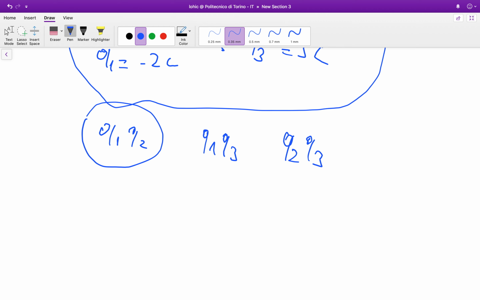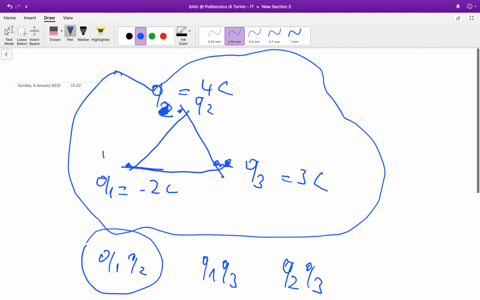If we choose, for example, in this interaction Q1 as the source, the potential energy of this couple will be the potential of Q1 multiplied by Q2. So it will be K Q1 over the distance between the two charges. Let's call these distances D12, D23 and D13.